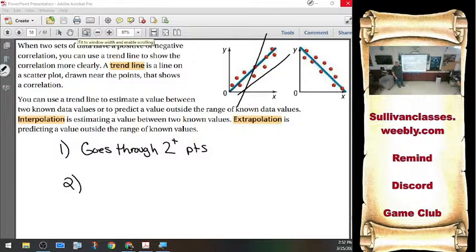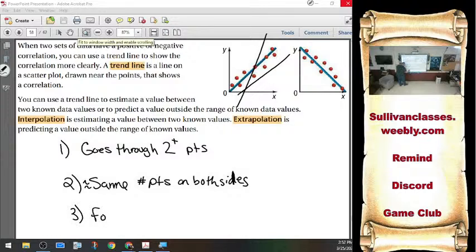Not just following where the direction of the dots go, but I should have about, I'm going to say about because you can't do it perfectly, the same number of points on both sides. And 3, it needs to follow the general slope. Ish.